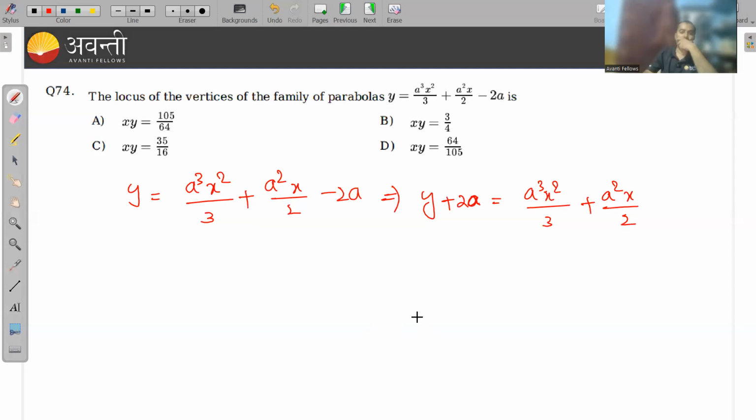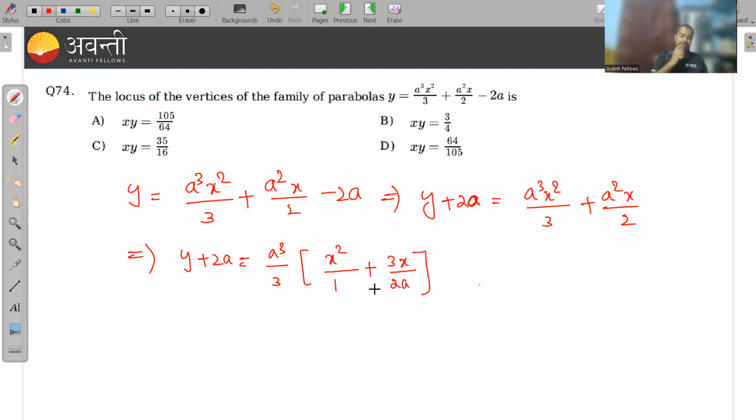Okay, now if we simplify it and take common a cube by 3 from the right hand side, it becomes x square plus 3x by 2a, right?